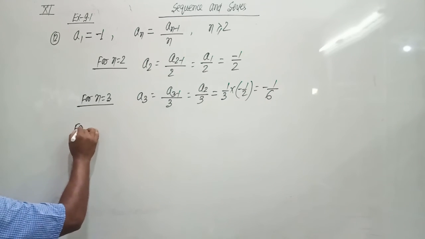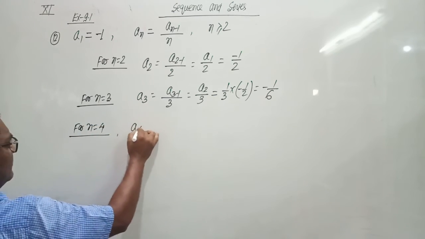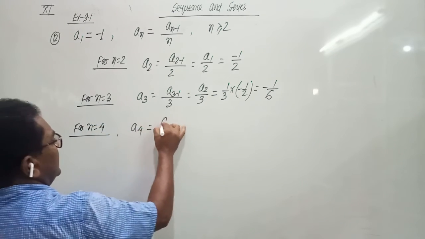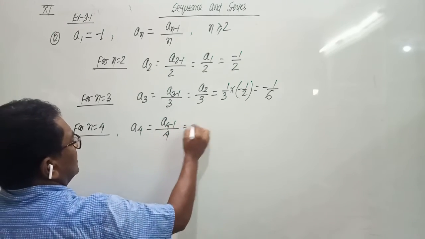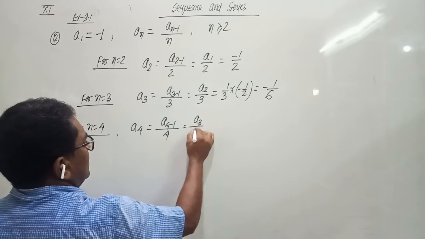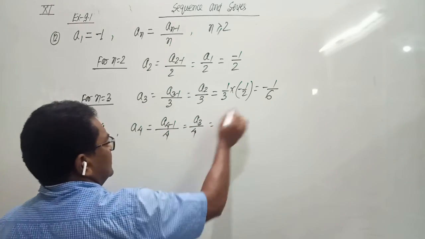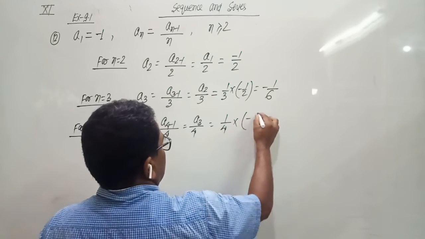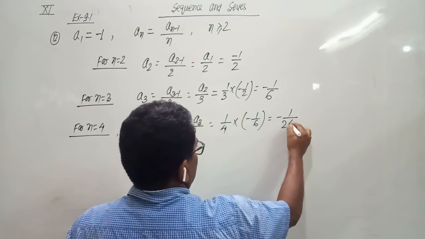For n equals to 4, A4 equals to A of 4 minus 1 upon 4. That is A3 upon 4. So 1 upon 4, and the value of A3 we have calculated, minus 1 by 6. So the result will be minus 1 by 24.